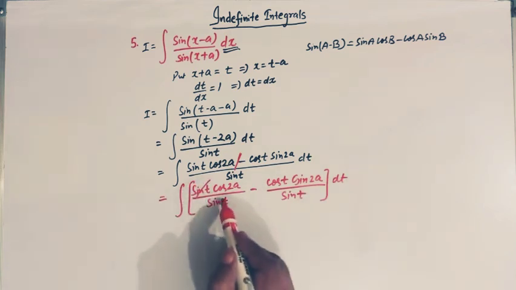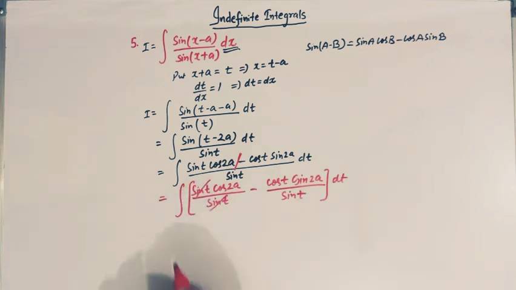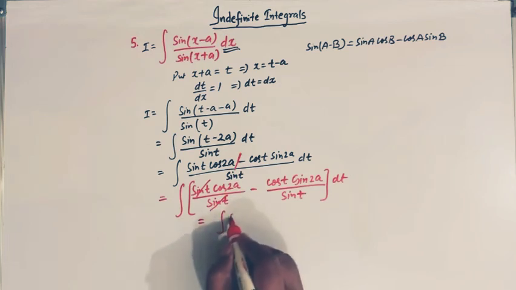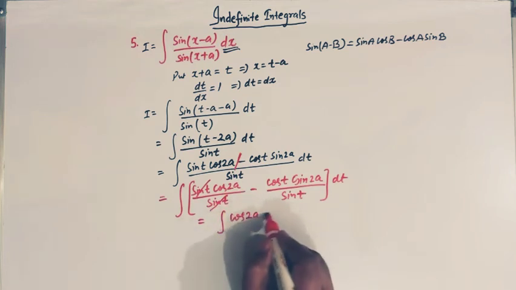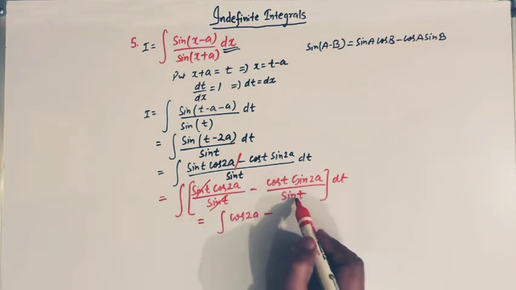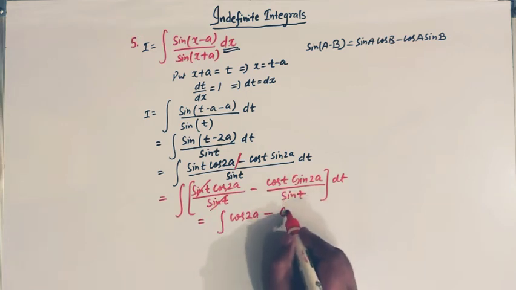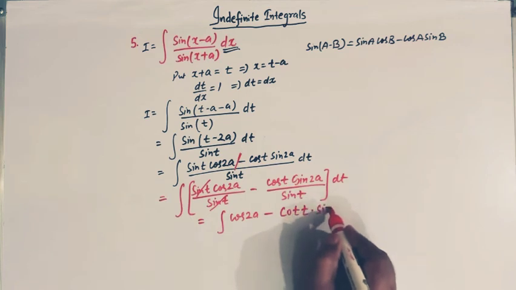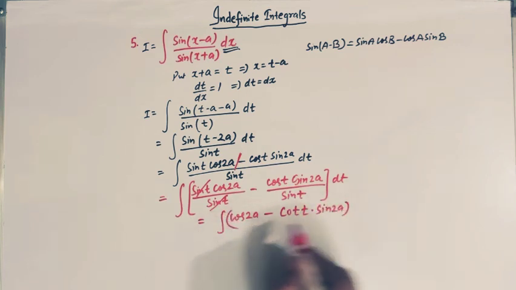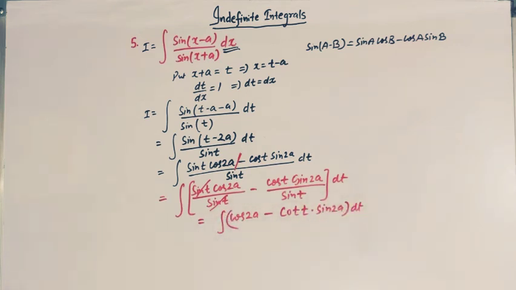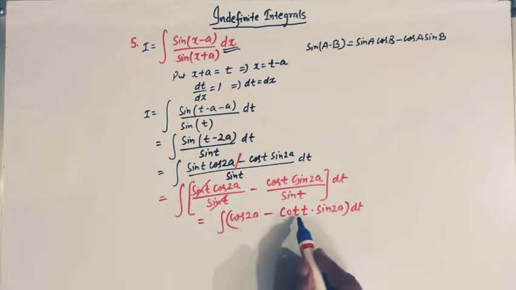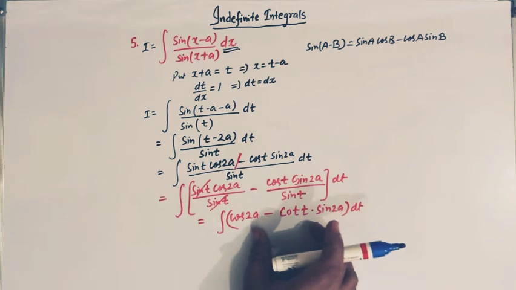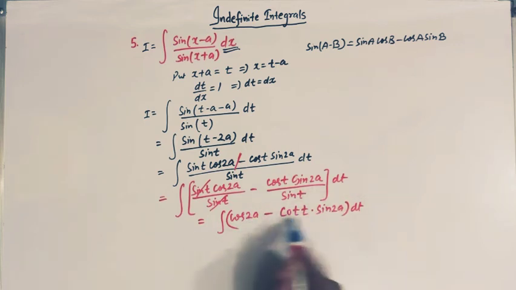Now sine t and sine t get cancelled, so we have here cos 2a minus cos t divided by sine t, which becomes cot t, and here we have sine 2a. Now we can separate this expression in terms of two integrals.